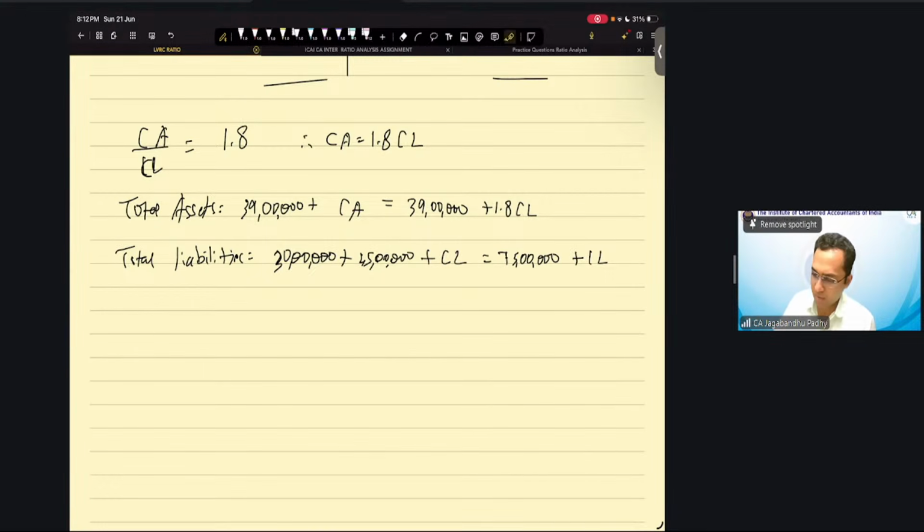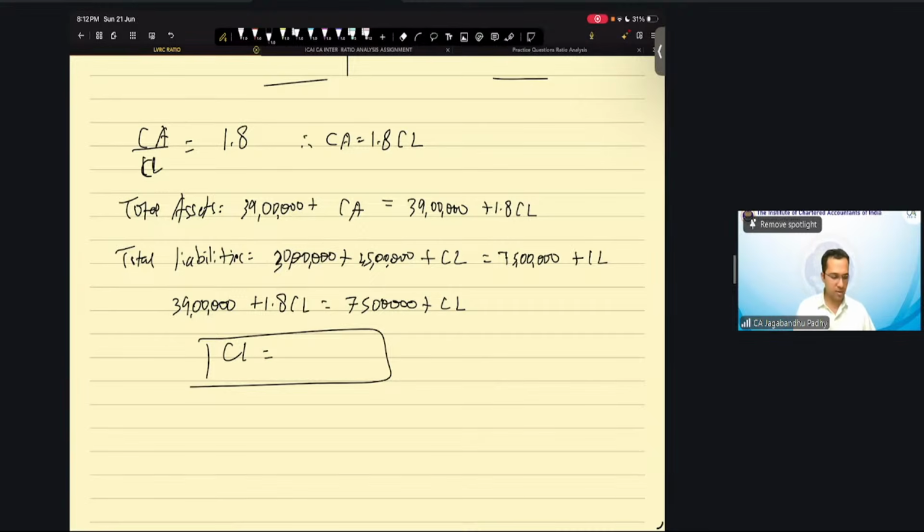We have to say that both of them should equal each other. So 39 lakh plus 1.8 current liability is 75 lakh plus current liabilities. So we can solve this and get the value of current liability.